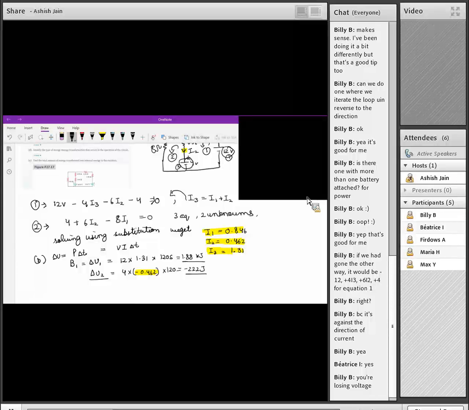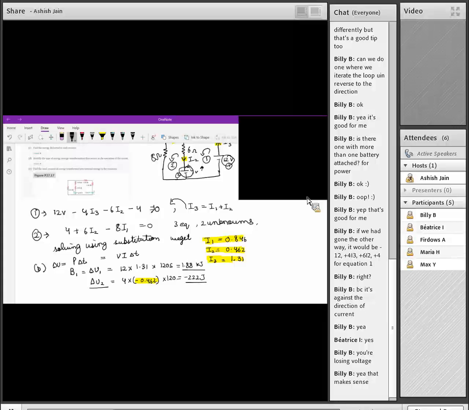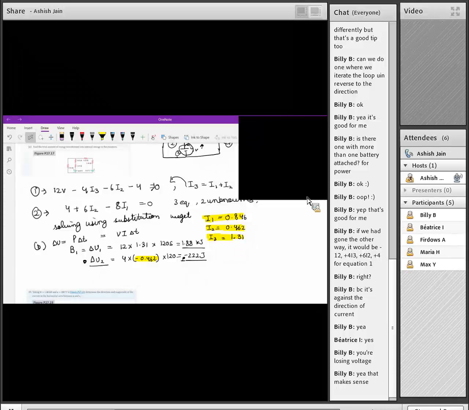Does that make sense? Because your direction of current is going towards the battery. It's opposite to the direction of current the battery would give. It's just making sense of the physical picture. This minus sign just denotes that the energy is not being delivered by battery number 2, it's gaining energy. That means it's being charged by battery number 1.